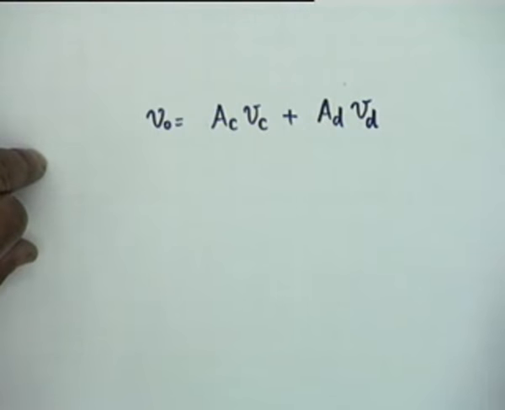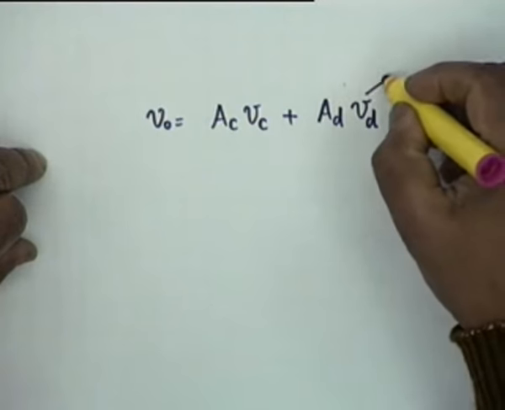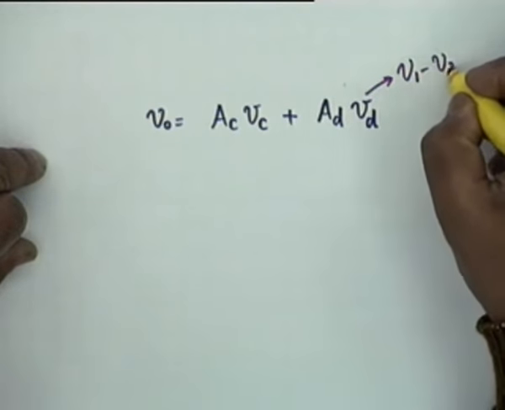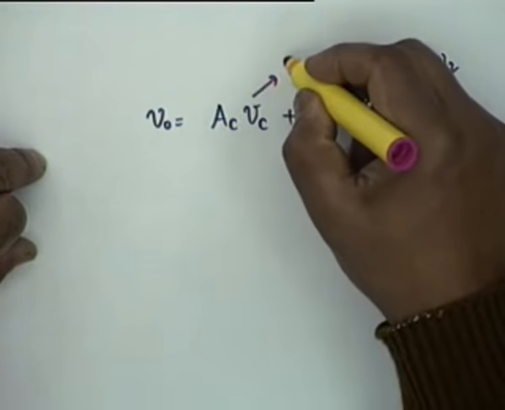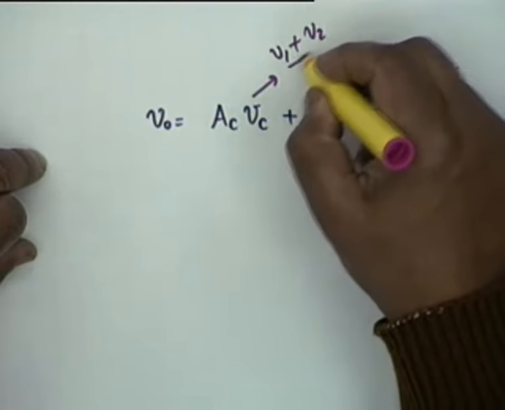The definitions are that V sub D is equal to V1 minus V2, and V sub C is V1 plus V2 by 2.